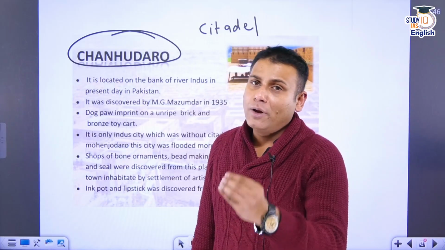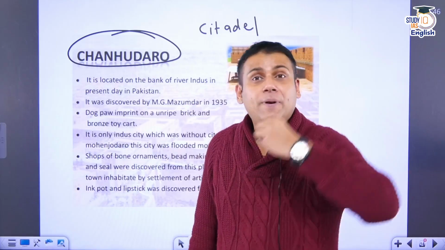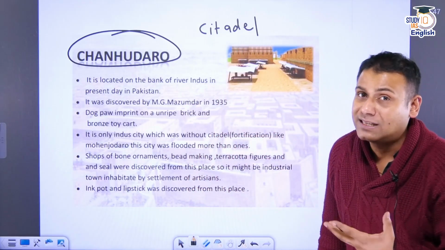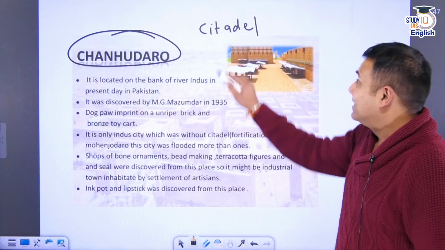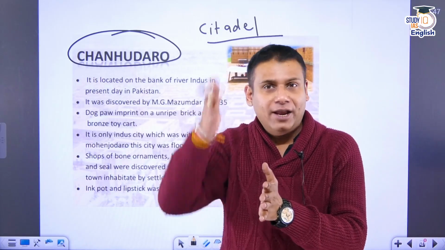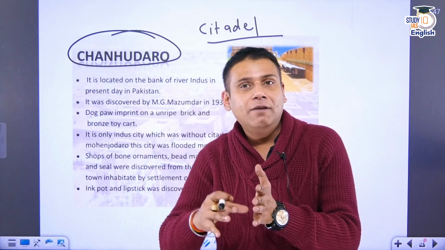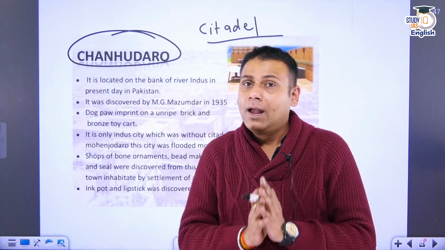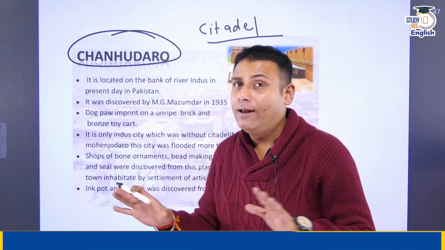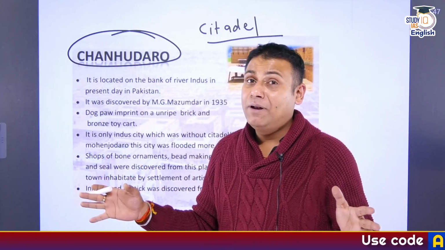Students or aspirants who are new to the platform, it's a request, please do watch the previous video of Indus Valley civilization for better clarification of the concepts. So, citadel basically, in simple words, it is a wall-like fortification which protects the city from getting flooded. And Chanudaro, it is a city located in Pakistan without a citadel. So what does this exemplify?